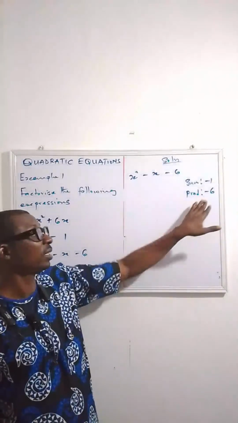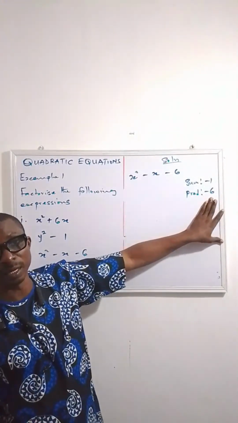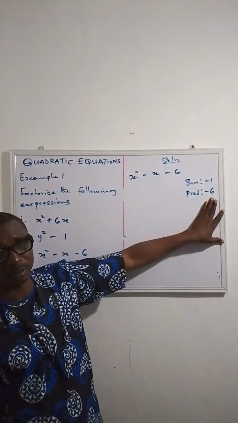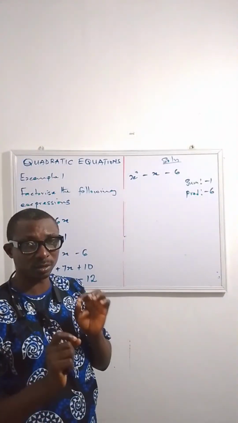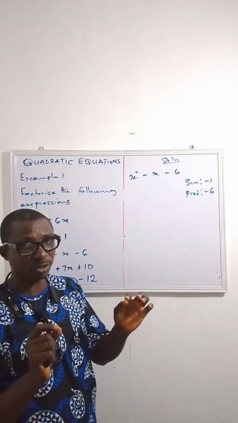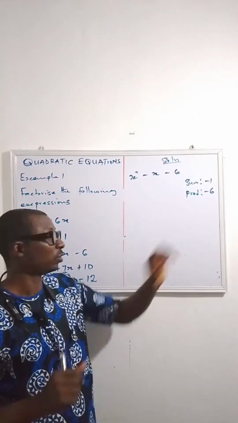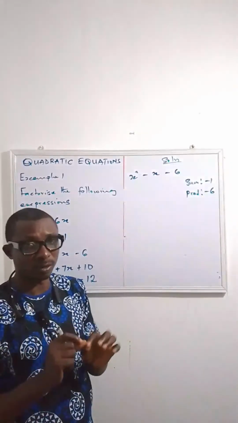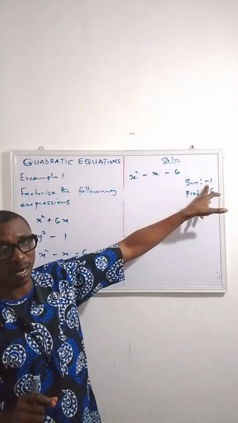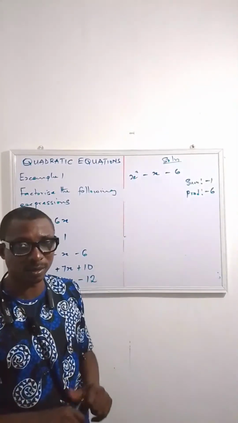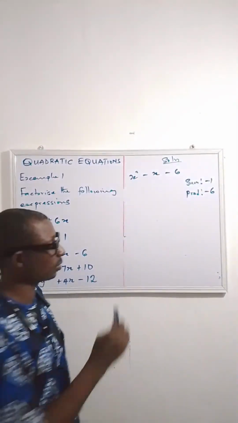Now you look at those numbers such that when you multiply them together, you have minus 6, and when you add them together, you have minus 1. So what are the two numbers?